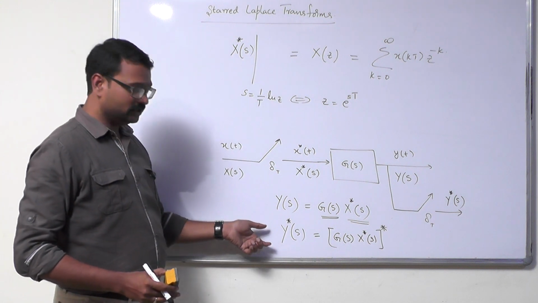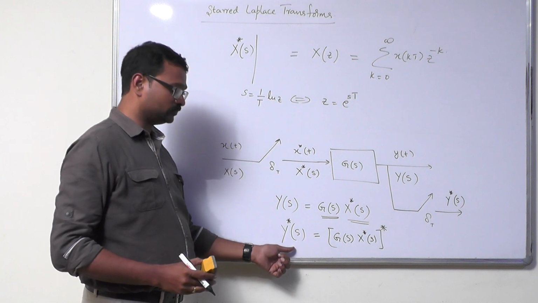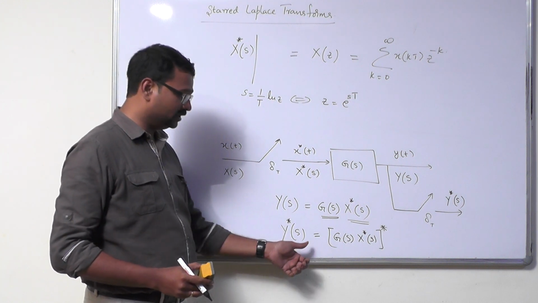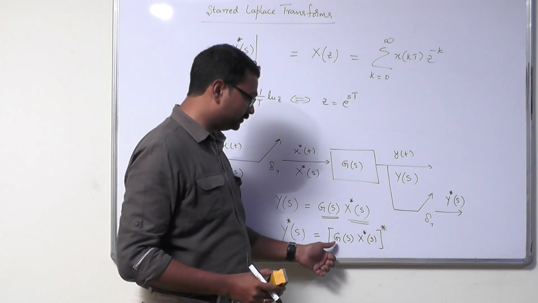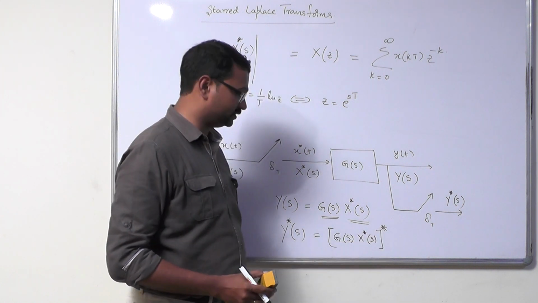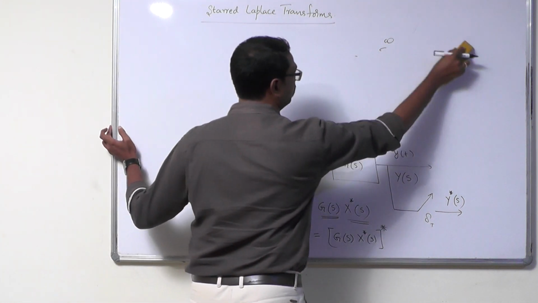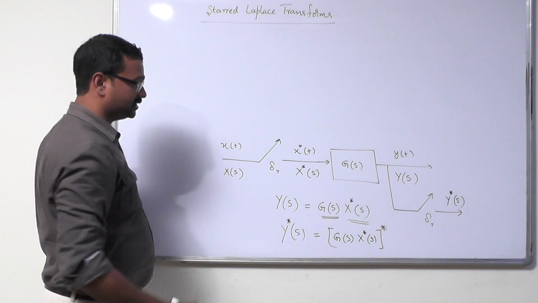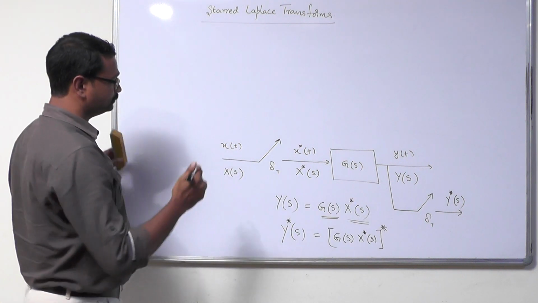Now we need to find out the meaning of the starred Laplace transform of Y(s), and the meaning of the starred Laplace transform of G(s) into X*(s). So we have to understand what is happening inside when you use different samplers at different points in the block diagram.